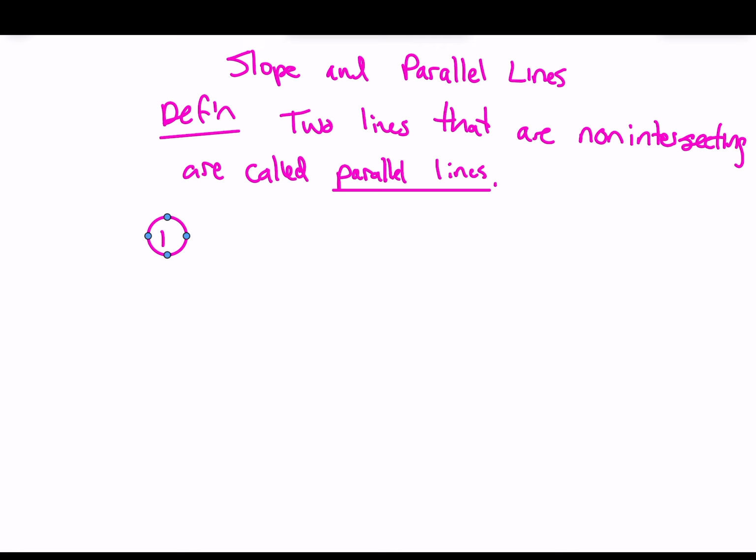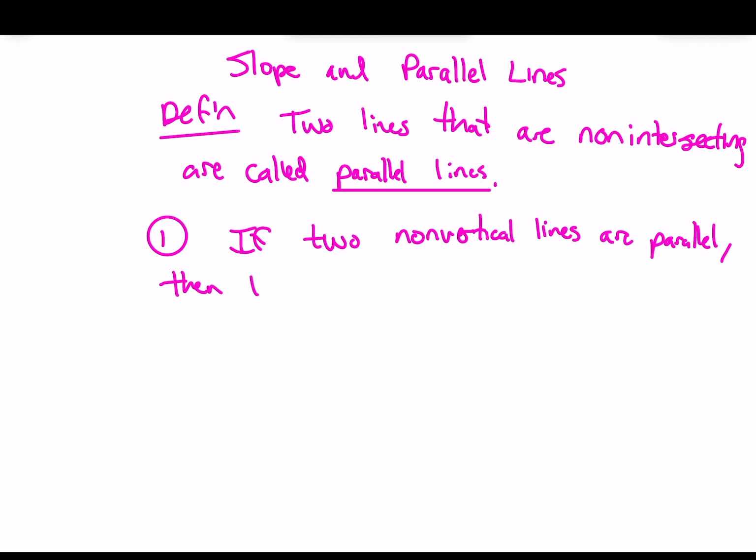So here are some properties that we get. If 2 non-vertical lines are parallel, then they have the same slope.